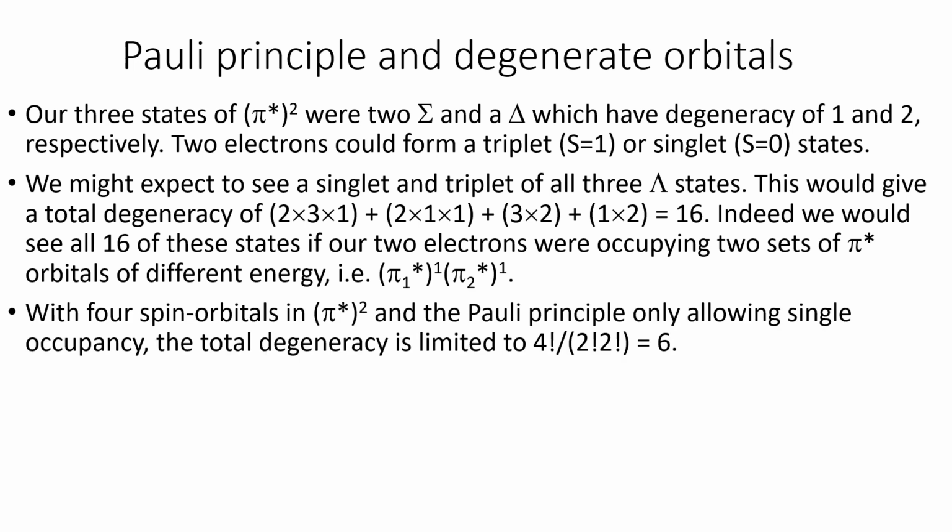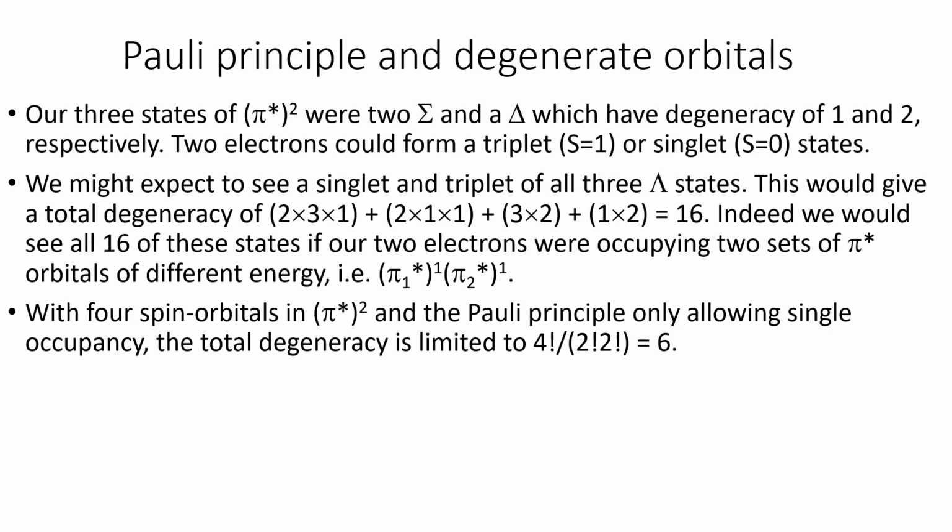But in our case, because the 2 electrons are in degenerate orbitals, so it's the same pi star level with 2 orbitals, one way we can think of applying the Pauli principle is this: we've got 4 spin orbitals, 2 orbitals times 2 spin states, so how many ways can we assign 2 electrons to 4 spin orbitals if the order isn't important? That's 4 factorial over 2 factorial times 2 factorial, which is 6.